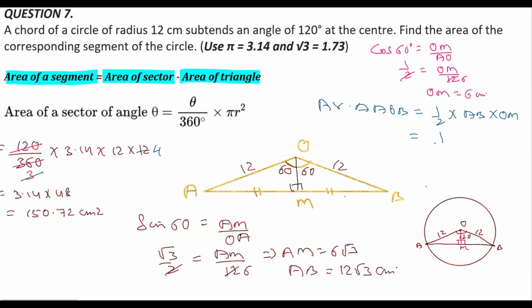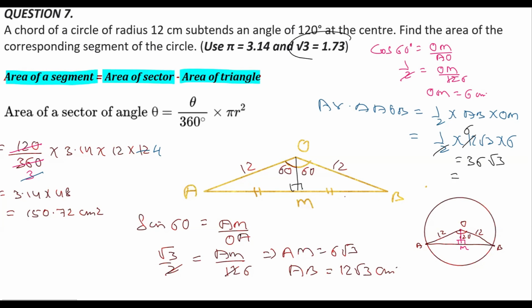So this is half. How much is AB? AB we calculated here, that is 12 root 3, multiplied by 6, that is the altitude. So I can reduce this. 2 1 times, 2 6 times. So 6 into 6, 36 root 3.